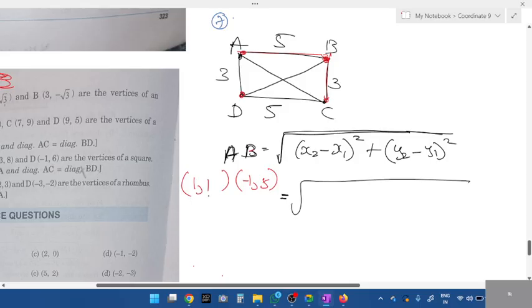Which is x1, y1, which is x2, y2? Is this y2? Is this y2? Hmm? Next. Then how do you substitute?